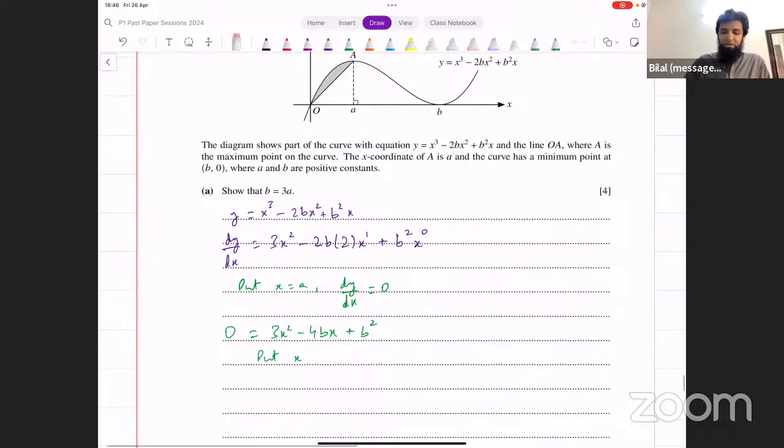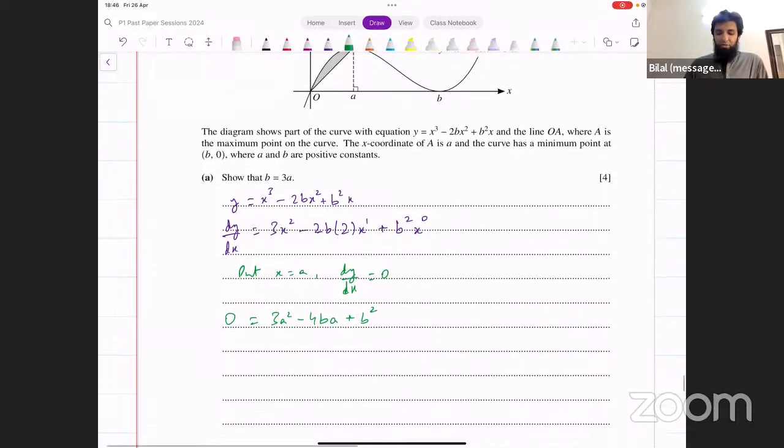So you can put these two things together. Let's input a in place of x and put the derivative equal to 0. And this is what we end up getting. Is that okay? Any problem until this point? So we just found the derivative, put that derivative equal to 0. And now we've got an equation that connects a and b. We somehow need to prove that b equals 3a from this.